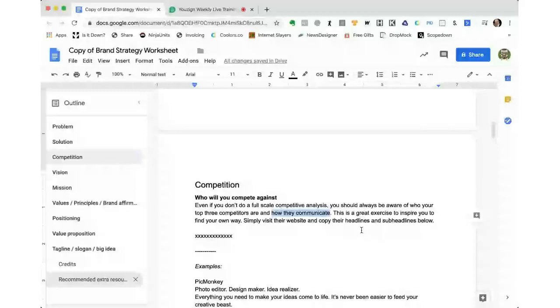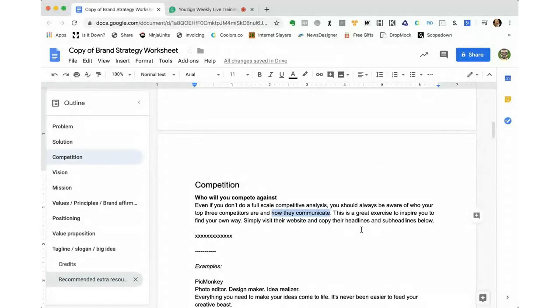And what is it that you need to say? Sometimes I want to mirror the language of the competition, and other times I want to counter it completely. But this exercise will inspire you to find your own way.